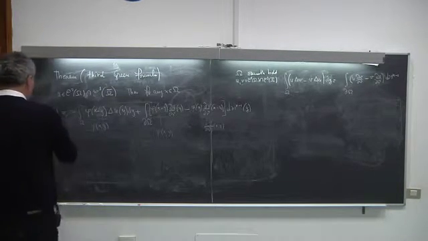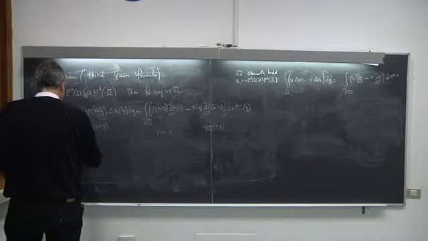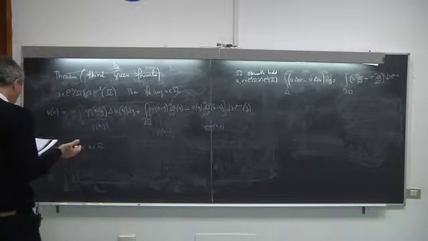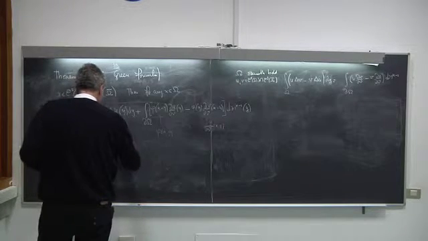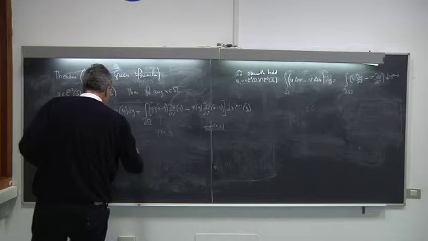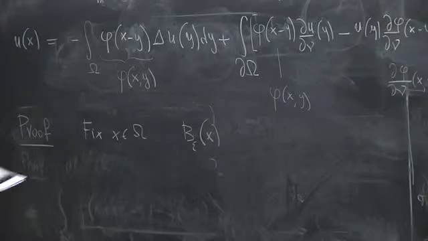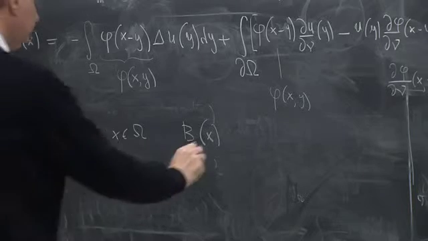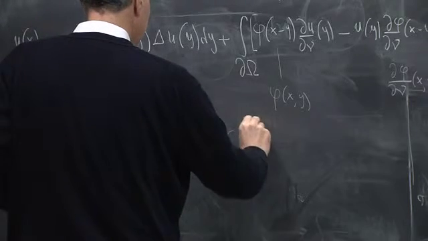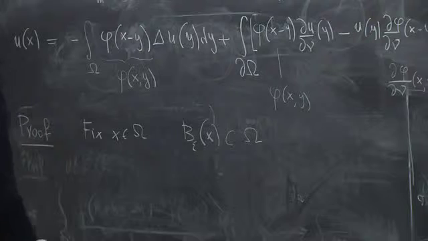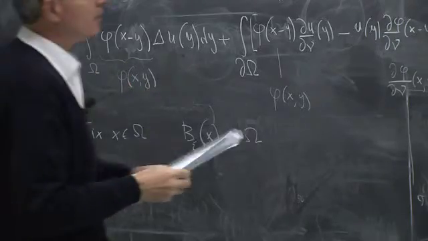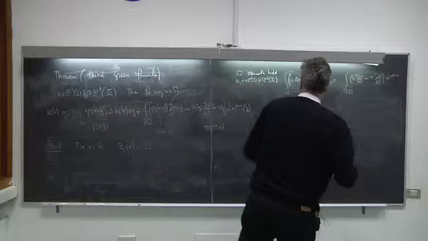Okay, so fix x and take a usual small ball B epsilon centered at x, small enough so that this ball is contained in omega. And therefore, we can now compute, again, a similar trick as before, starting from this equality, essentially.